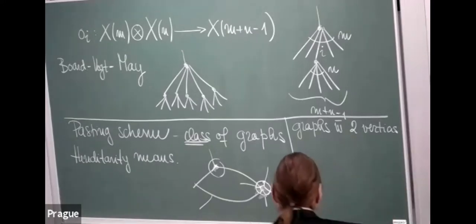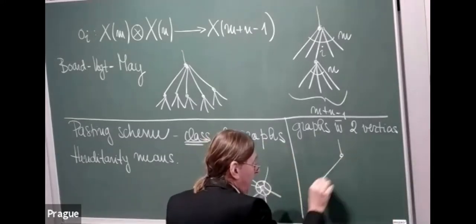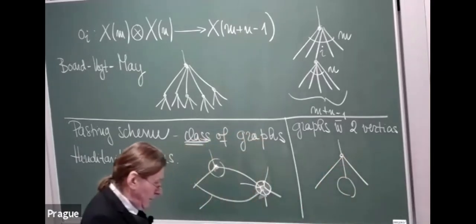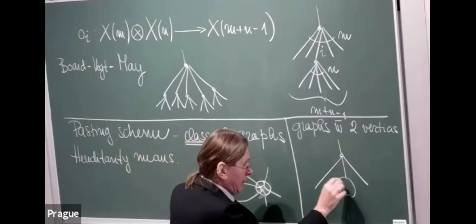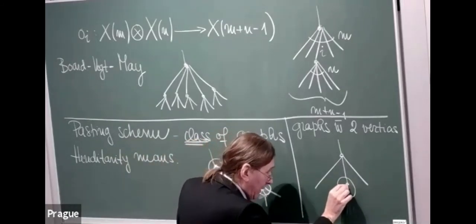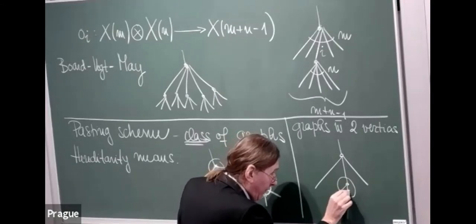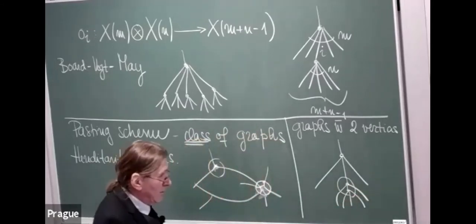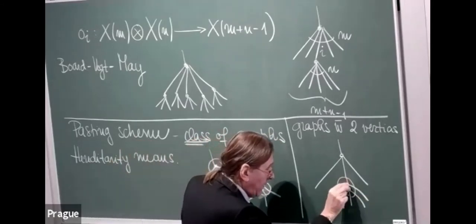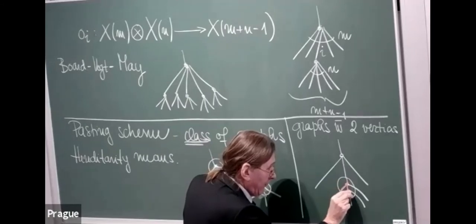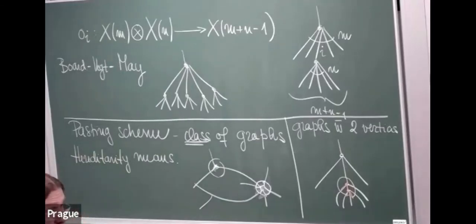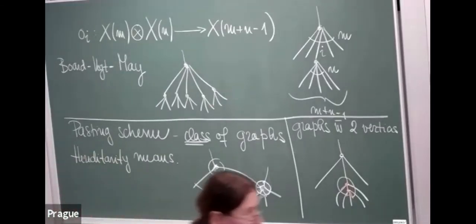Suppose that I have something like this, and it has another vertex, which is again a graph with precisely two vertices. Okay, so this is this little graph. Both are from the class, but if you remove the nest, you'll get a graph with three vertices. So obviously the hereditarity is violated.